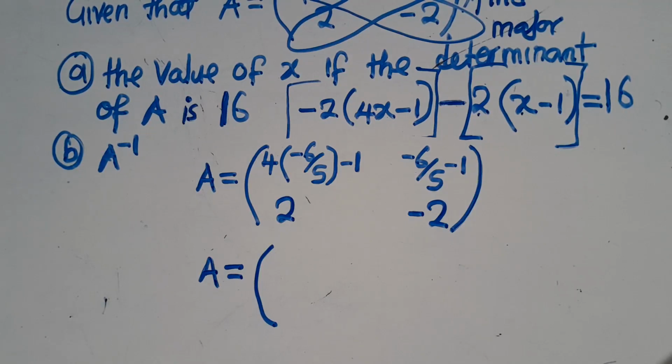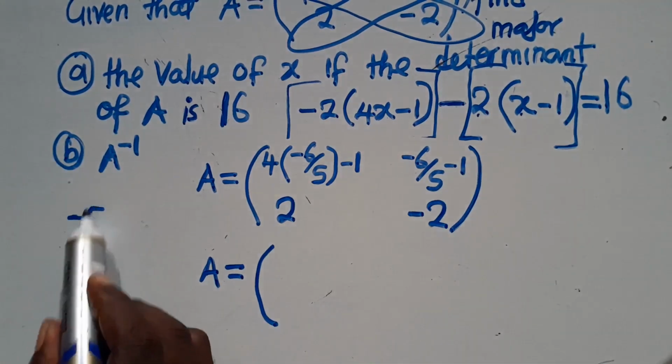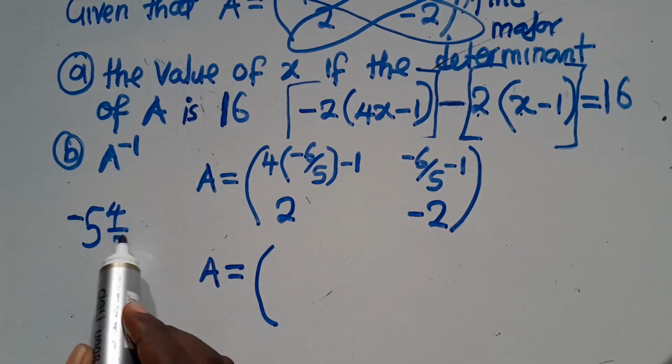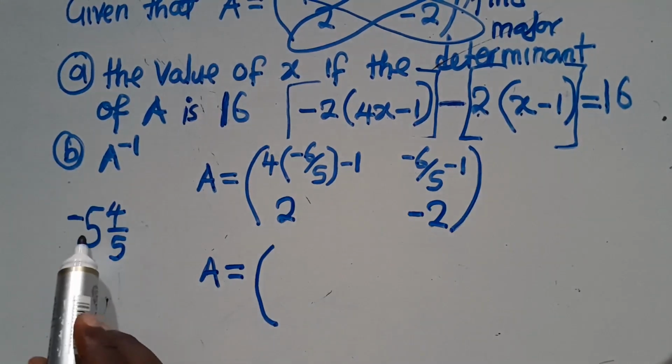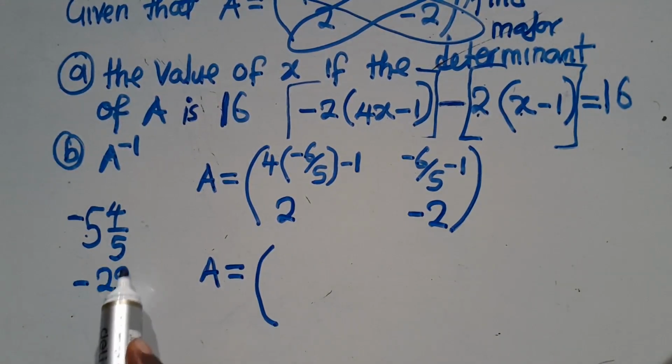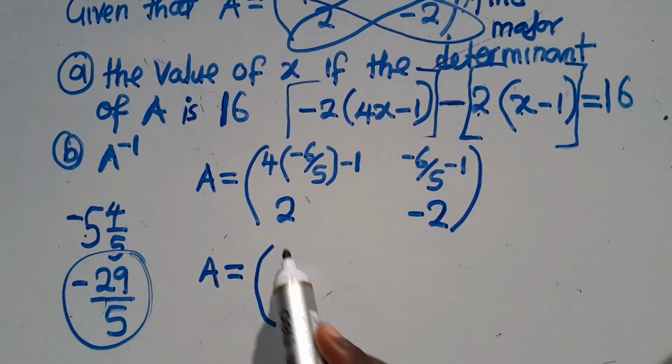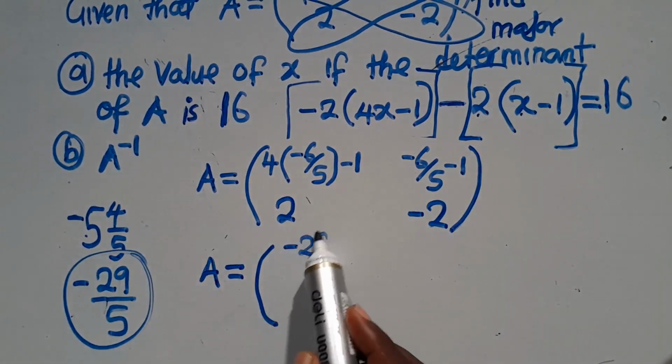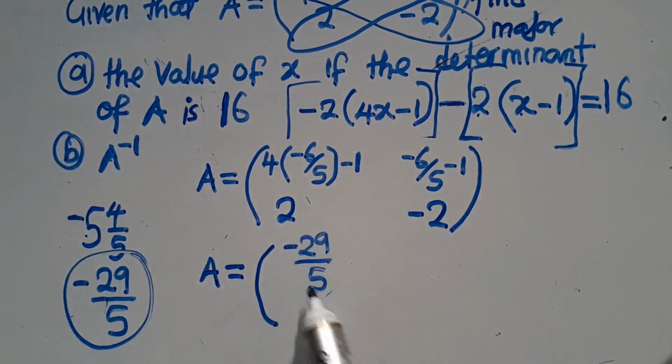What answer am I getting? I'm getting something like this: negative 5, 4 over 5. I can say 5 times 5, 25, plus 4, 29. So negative 29 over 5. This is just one and the same. So I'm going to put my negative 29 over 5 there.